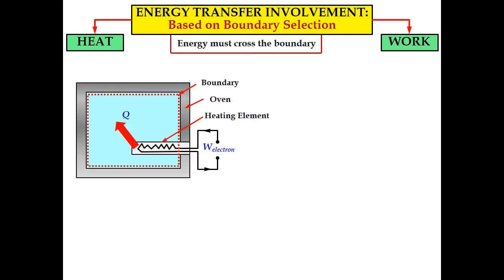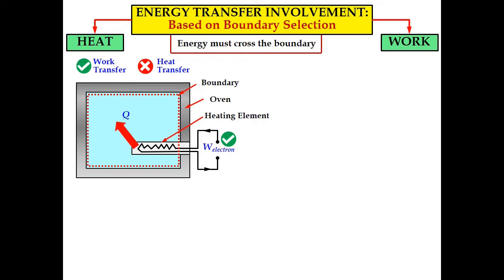If we look at the keyword of the energy transfer involvement, we need to make sure that energy must cross the boundary. So the energy transfer involved for this system is work transfer, but not heat transfer. For this system, due to our boundary selection, we only have the work transfer due to the work of electrons. The electrons move in the wire of the heating element, and the electrons cross the boundary, so we have work transfer.